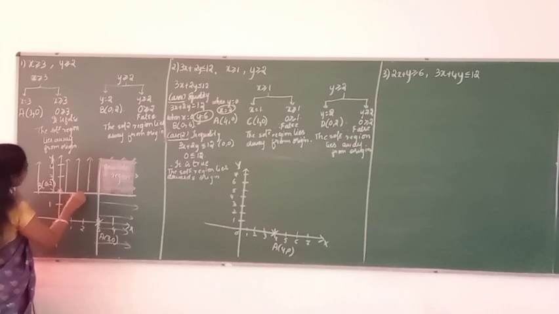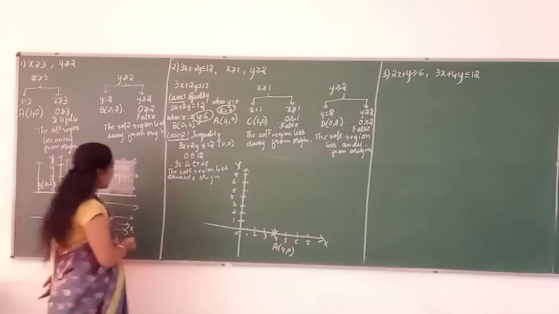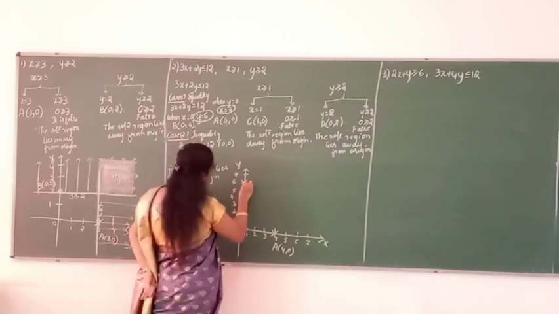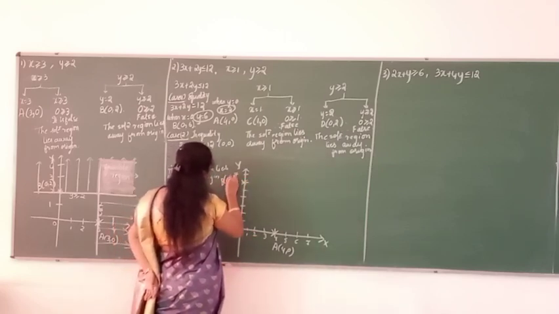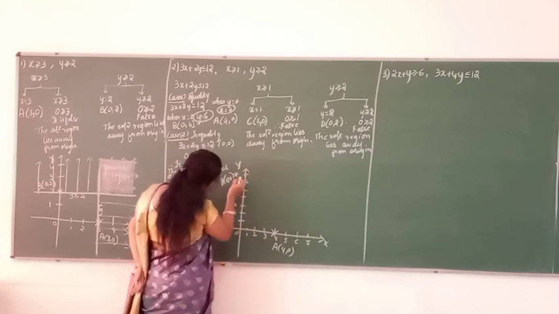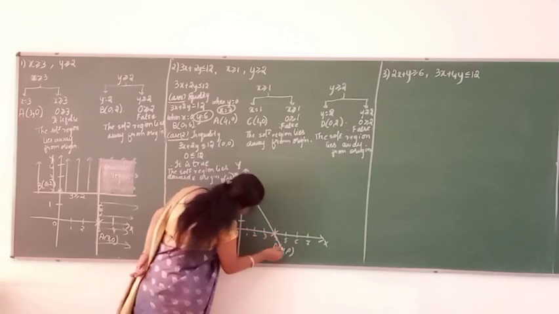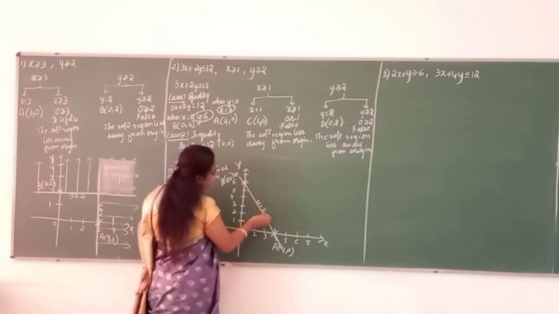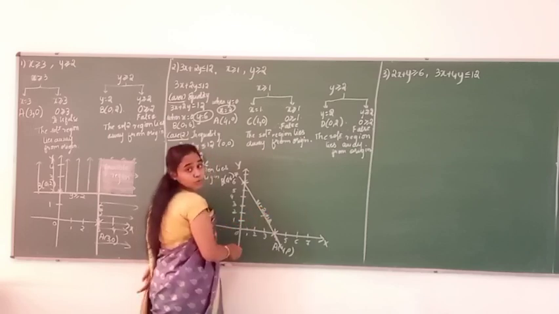y is greater than or equal to 2 and this condition x is greater than or equal to 3. Then only we get to know which line it indicates. 4 and next one B is (0, 6). So here it is less than or equal to, so it will be a bounded line. So here it is 3x plus 2y is less than or equal to 12.